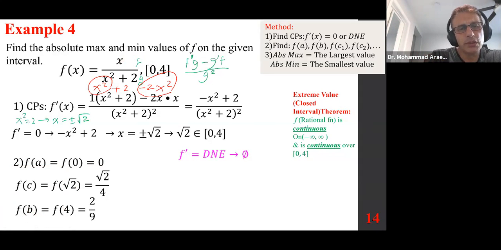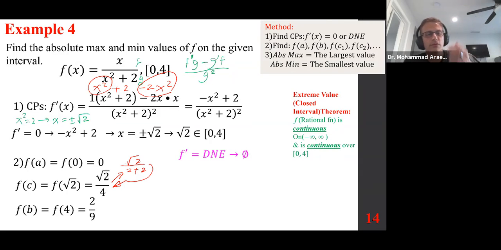If you plug in square root of 2, you get square root of 2 over, now, when you square the square root of 2, you get 2 plus 2, so you get square root of 2 over 4.